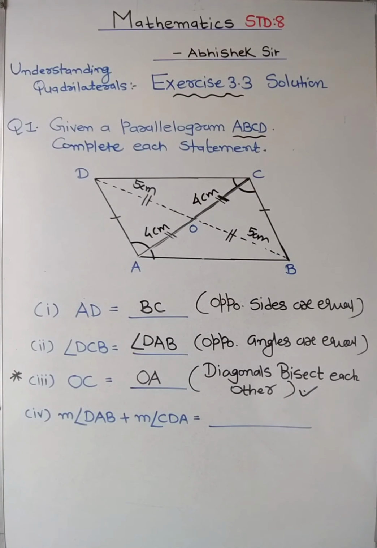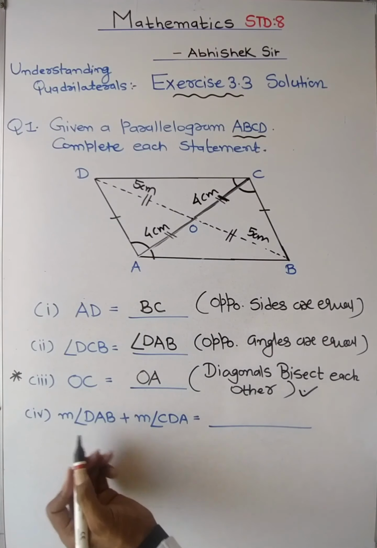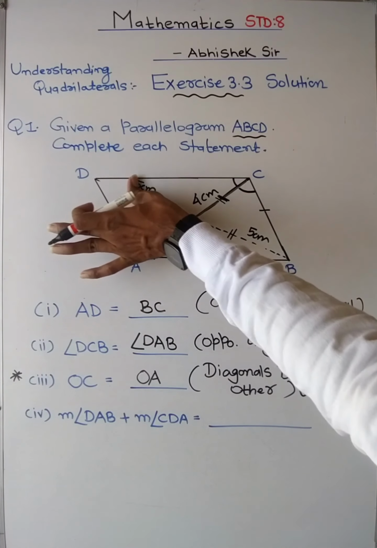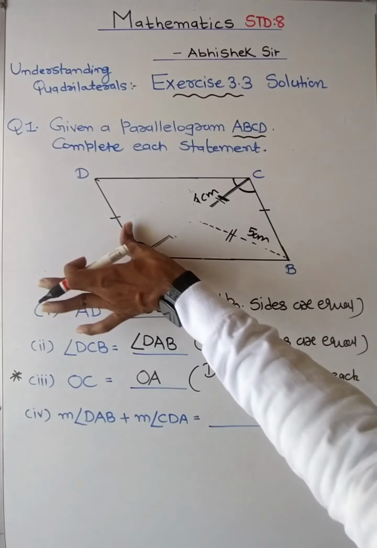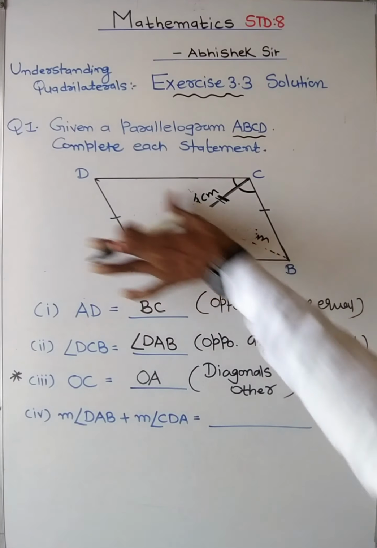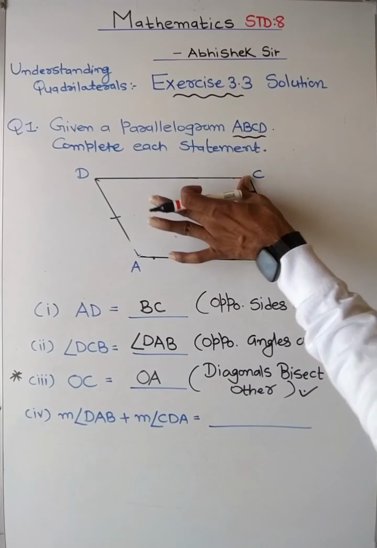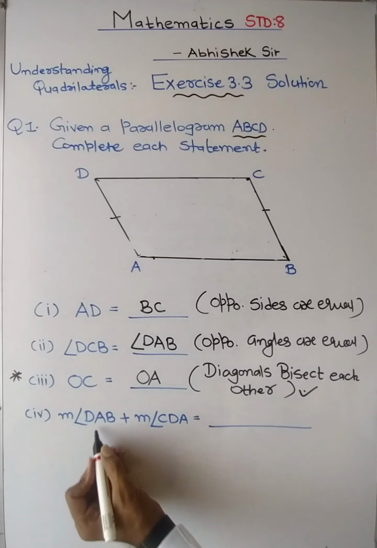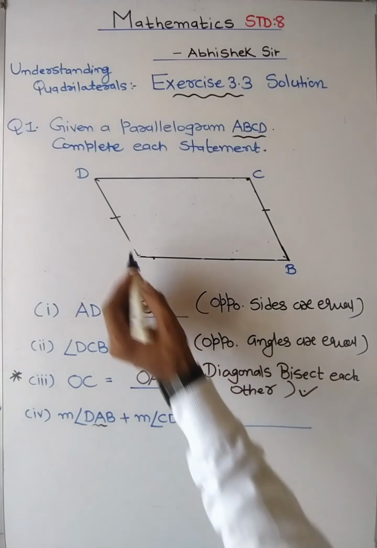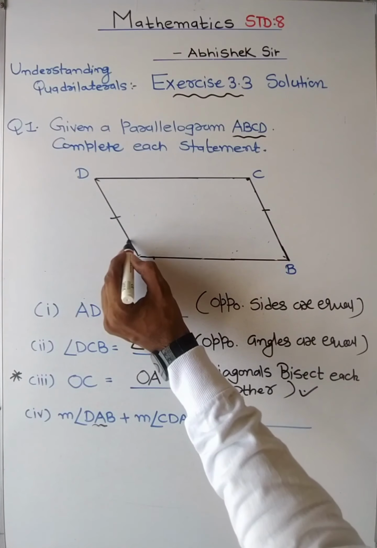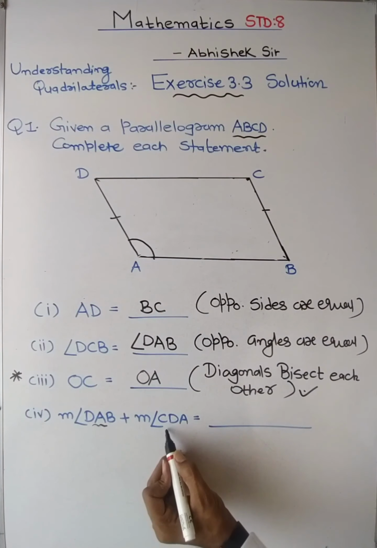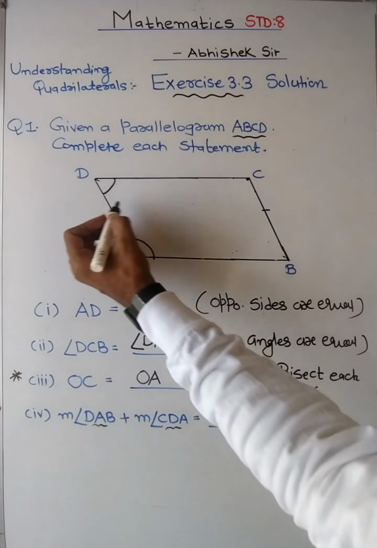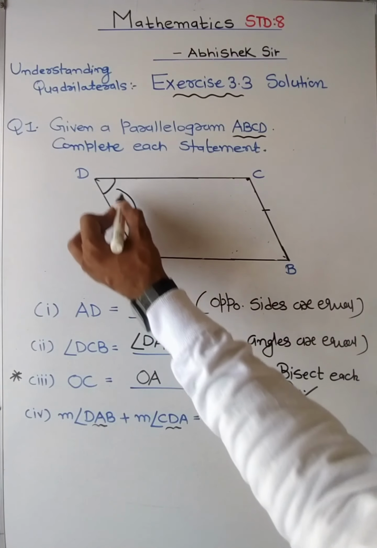Diagonals bisect. Moving on to the last portion, that is the measure of angle DAB. That means now I am removing these diagonals, okay, so that we can have a clear answer for this last one. What is given in the next portion is angle DAB. That means angle A. Angle DAB, and CDA, that means this angle CDA. Now what is the relation between these two angles?